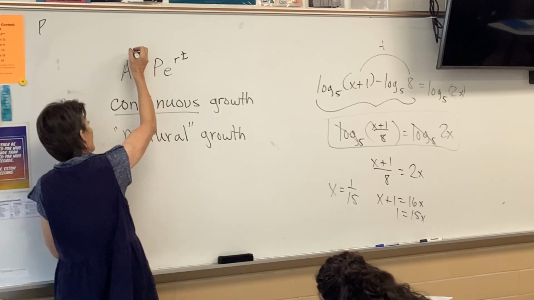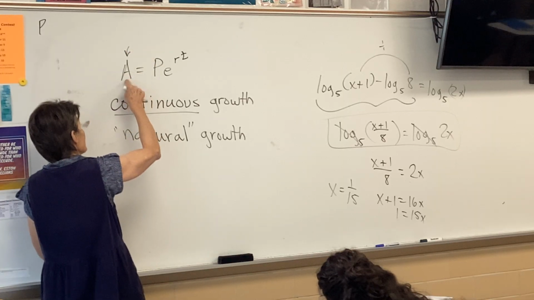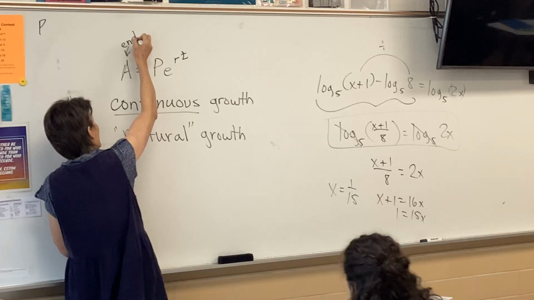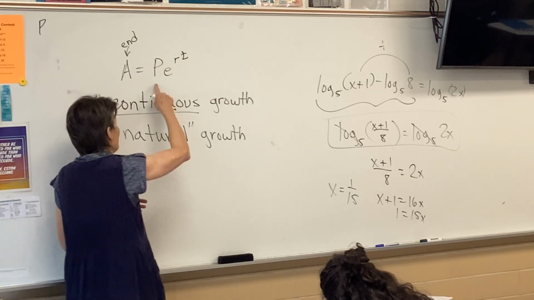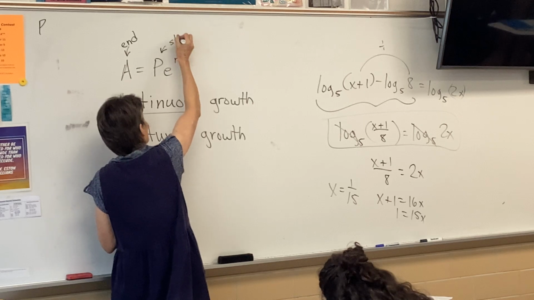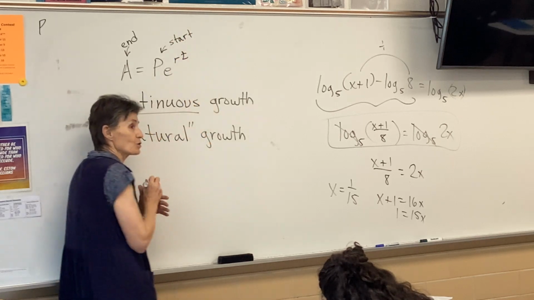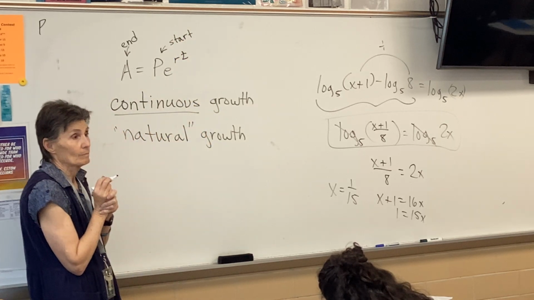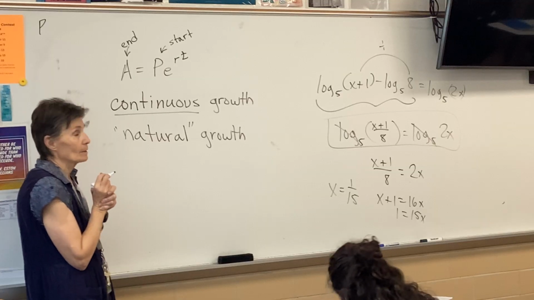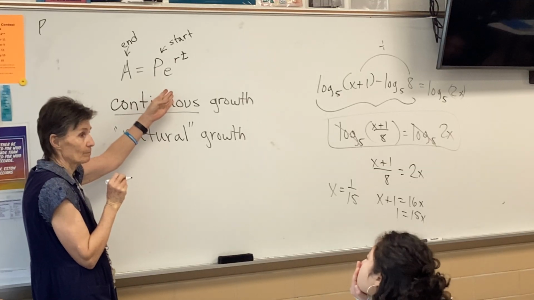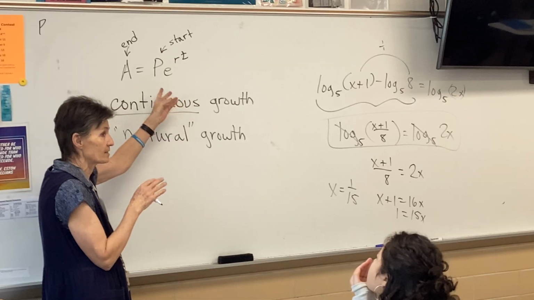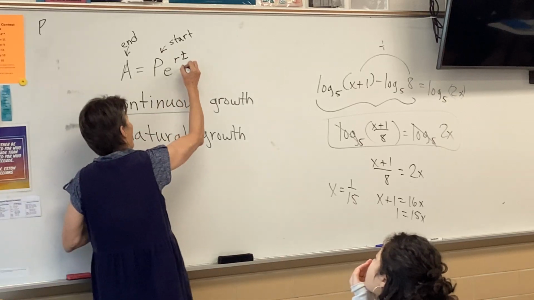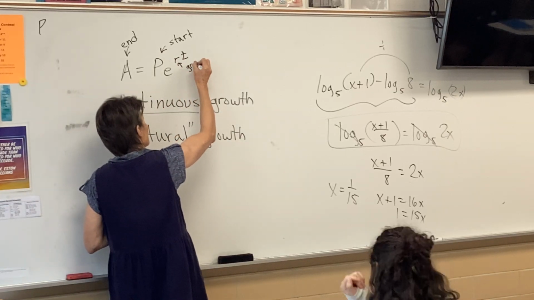Now, in the formula, A stands for what you end with, the amount that you end with. P stands for the amount that you start with. E is E, right? E is a constant, it's not a variable. We don't plug in anything for E, it's in your calculator. R is your growth rate.